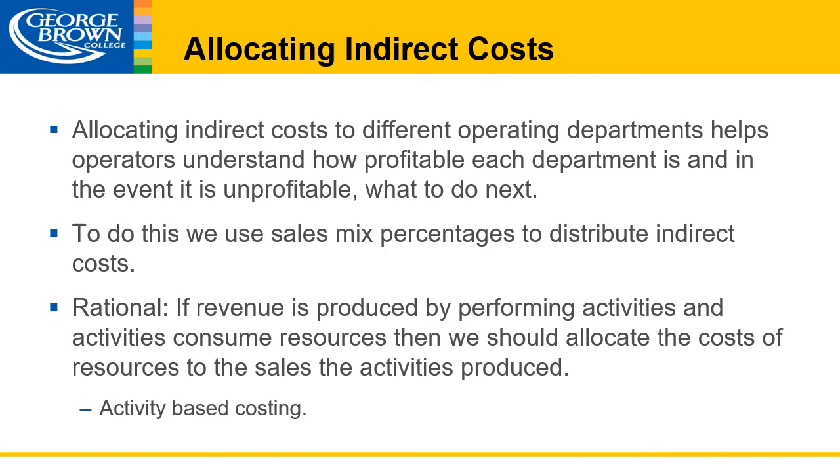This is the main justification of activity-based costing. We don't go into it too much because we don't use that costing technique for most things in food service. But it's a good justification or rationale for allocating indirect costs. So I'm going to show you essentially how we do that in the next slide.